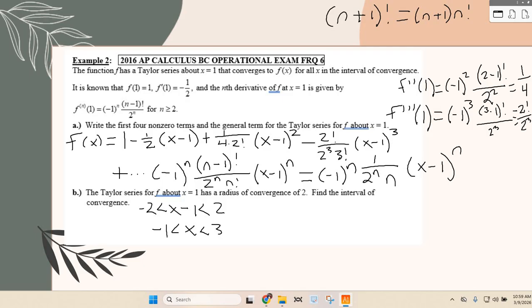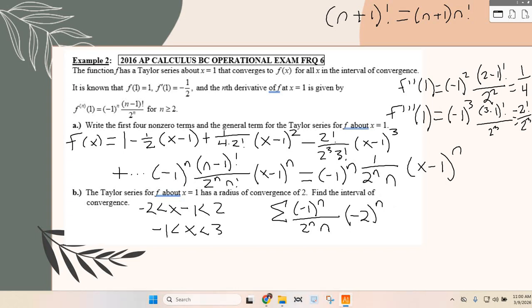Alright, what do we want to plug in first? -1, sounds good. So I have a -1 to the n divided by 2 to the n times n. Now times -1 minus 1 gives us -2 to the n.